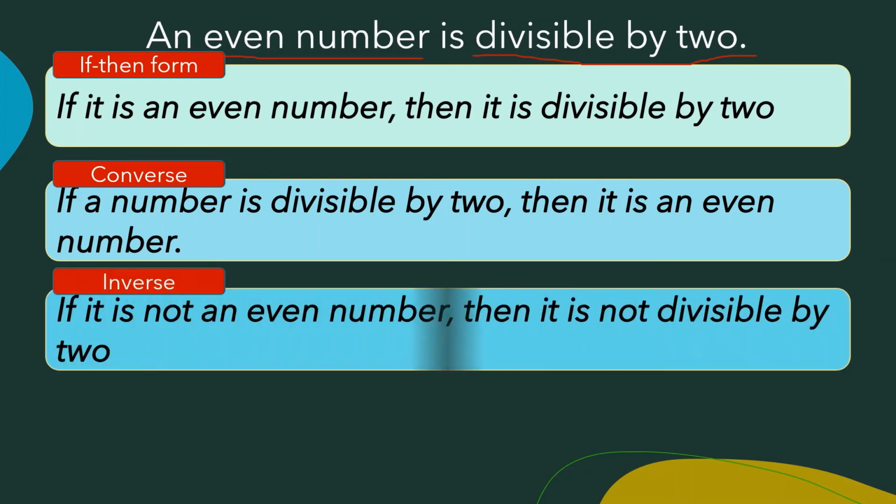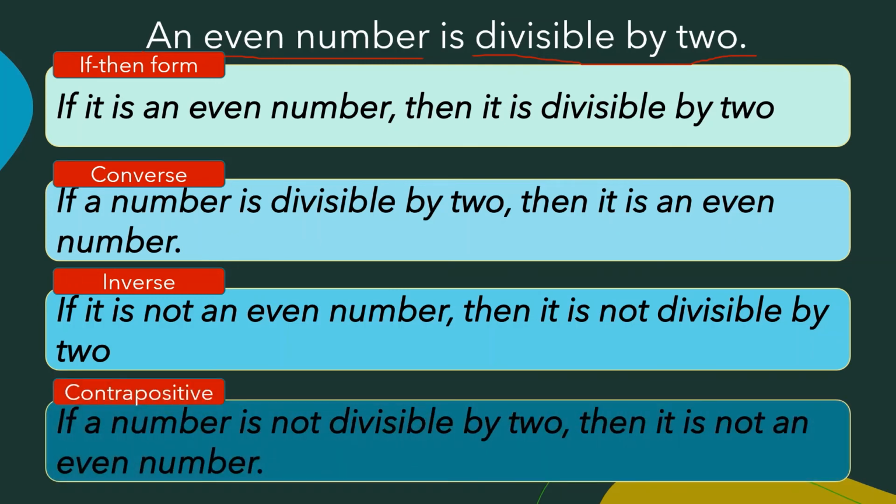So we have, if it is not an even number, then it is not divisible by 2. How about the contrapositive? Correct. Its contrapositive is, if a number is not divisible by 2, then it is not an even number.